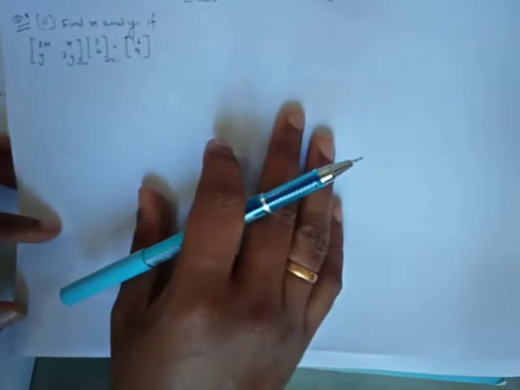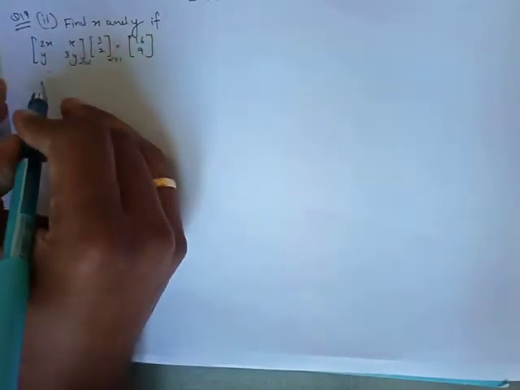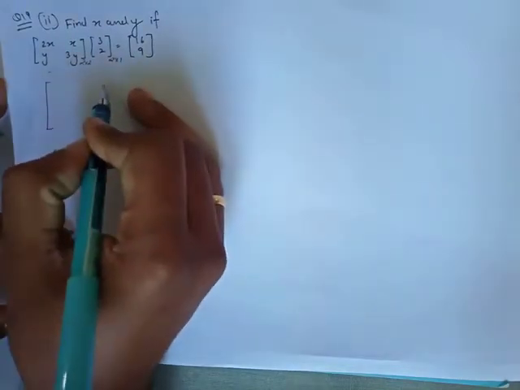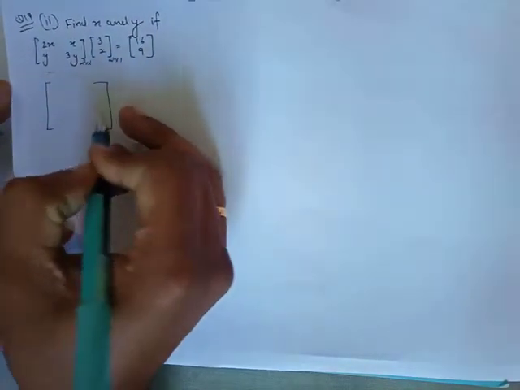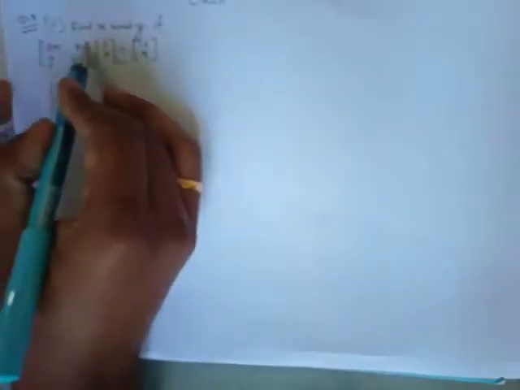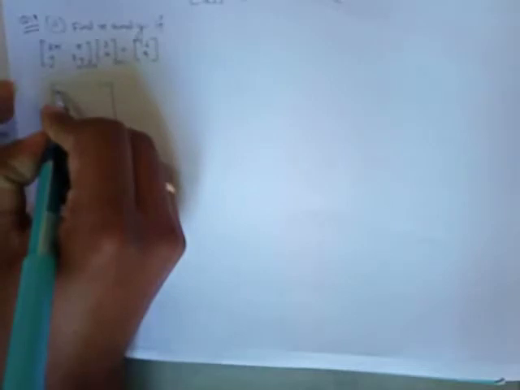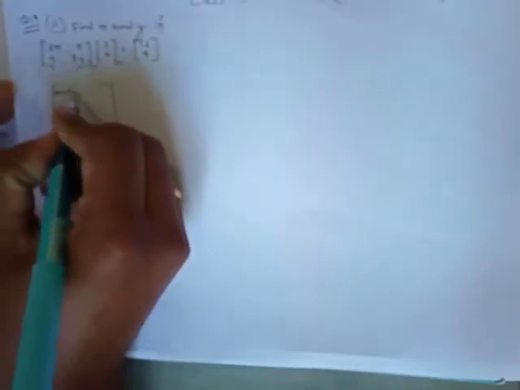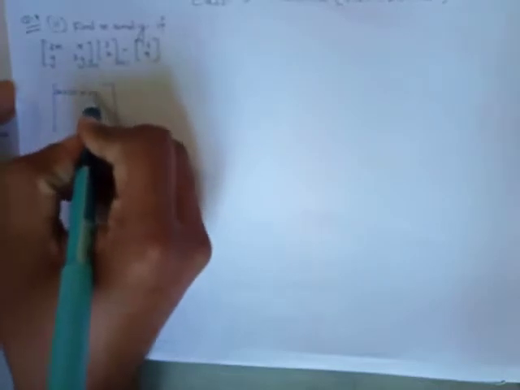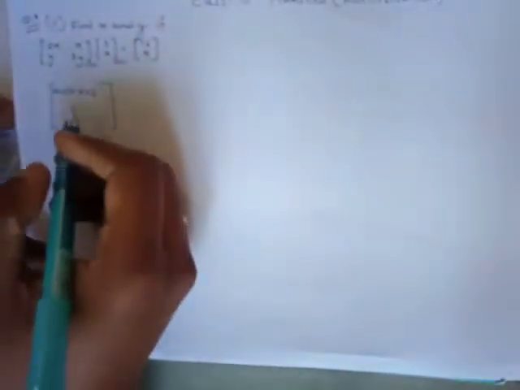Okay, so if you notice this, I'll write it down like that. I'll take the first row and the first column. So it's going to be 2x into 3 plus x into 2. Okay, second one is going to be, I'll take this one and the first column itself.